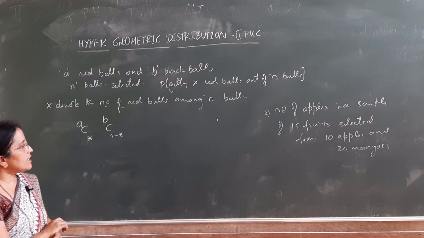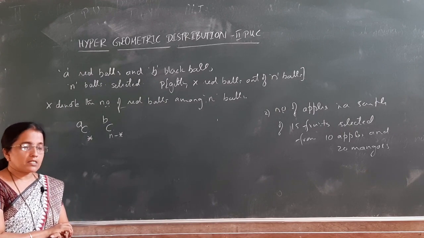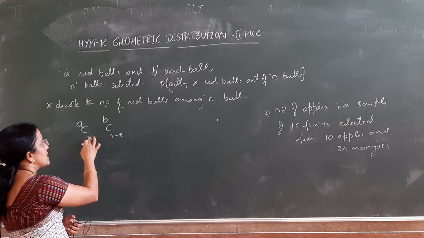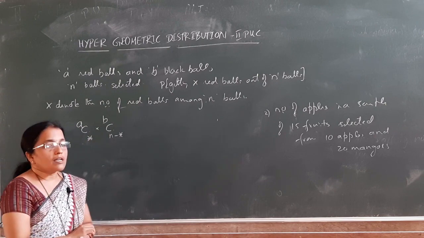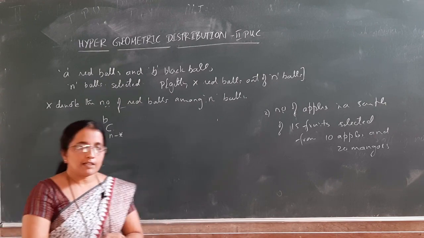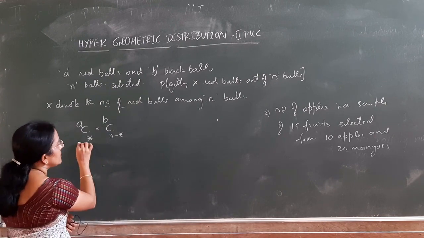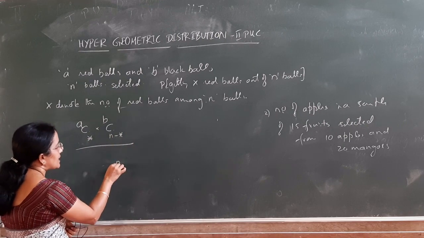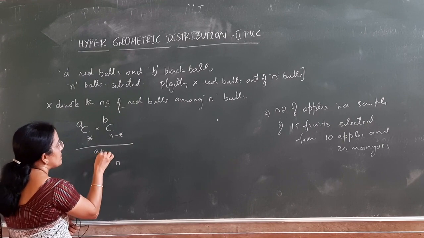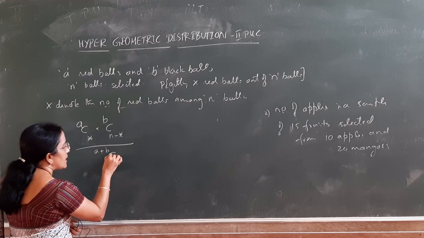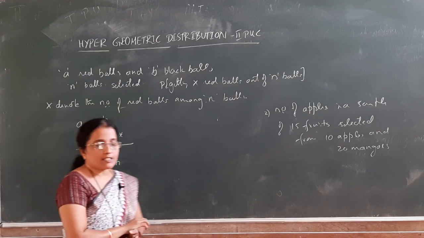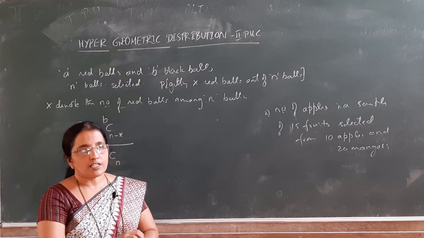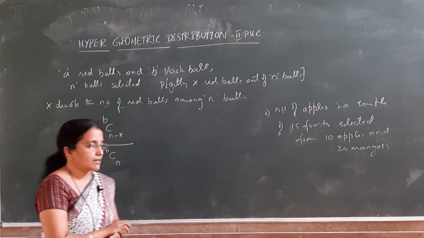Therefore, the total number of favorable outcomes is ACx into BCn-x. Similarly, for total outcomes, n balls are selected from A plus B balls in A+BCn ways. That is, the total number of balls in the box is A plus B and n balls are selected.